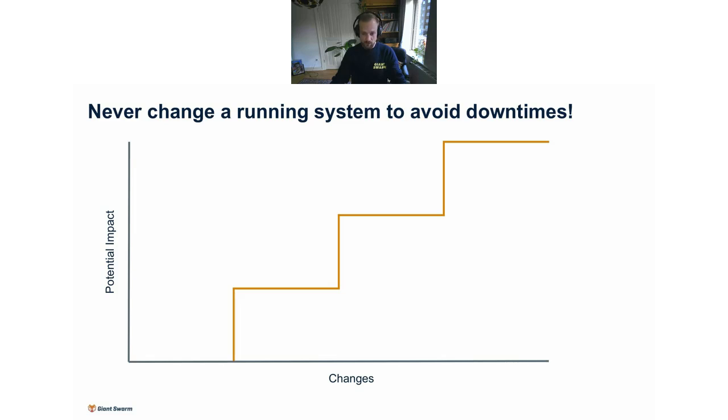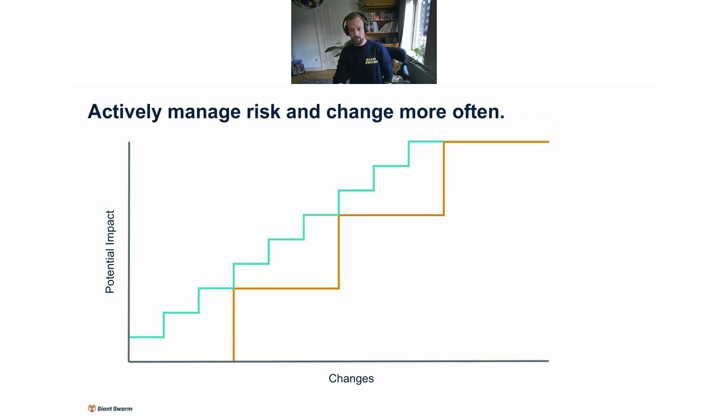So never change a running system to avoid downtimes is something you should avoid when you try to involve your Kubernetes DNA. Instead, you should actively manage risk and change more often, because with each step we need faster feedback.